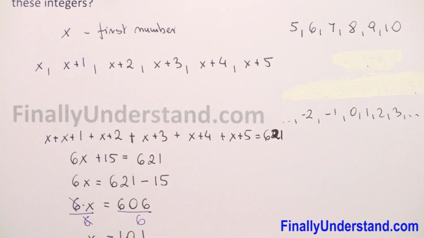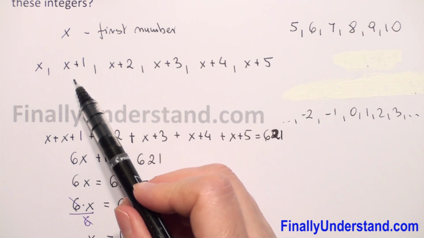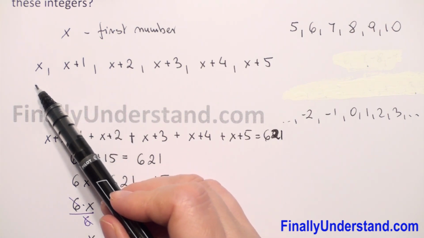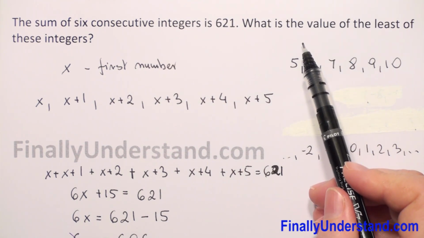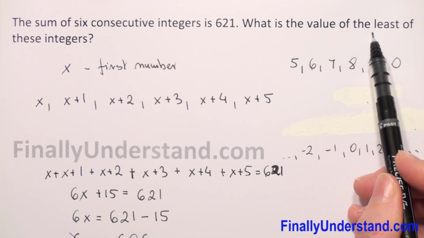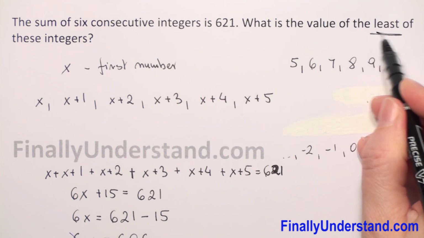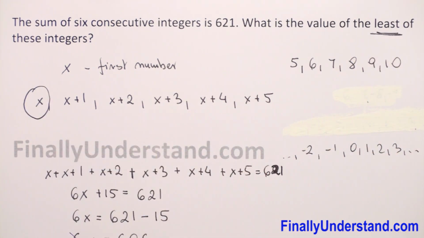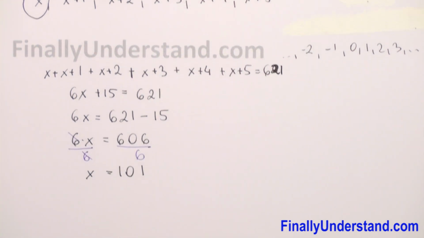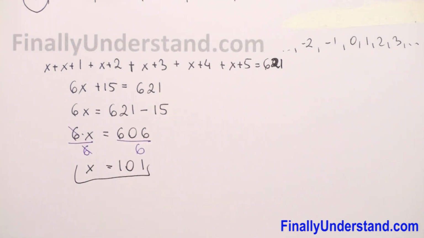So it will be 101 plus 1, so 102. The second number is greater than the first, and we need to find the value of the least of these integers. So we need to find the first number, and we did this. This is my solution.